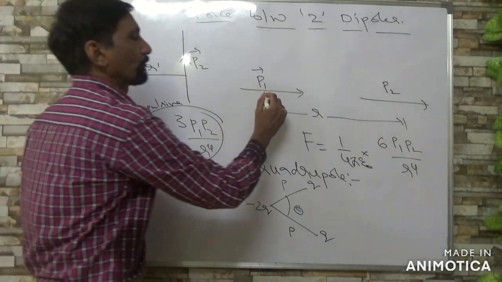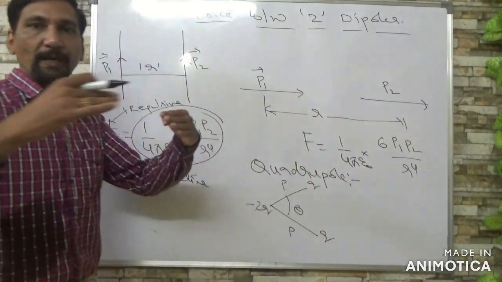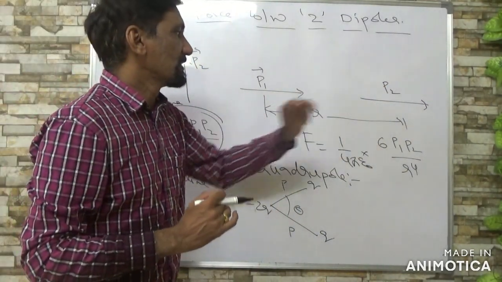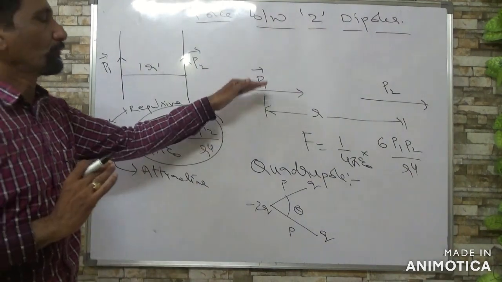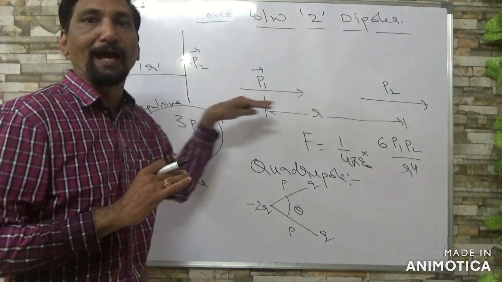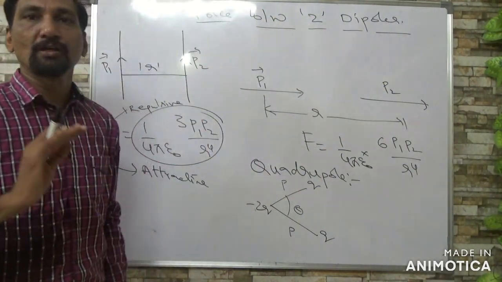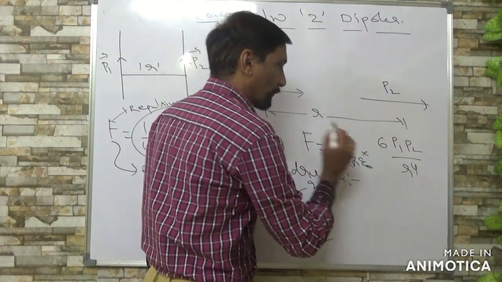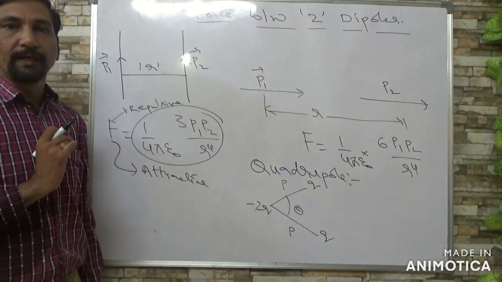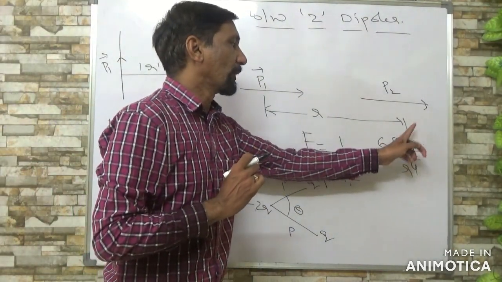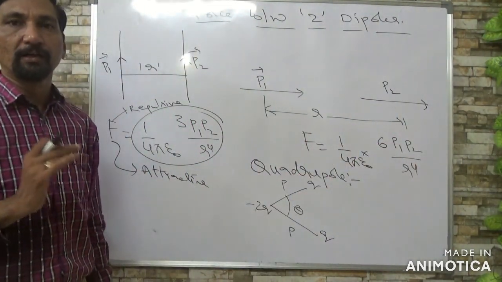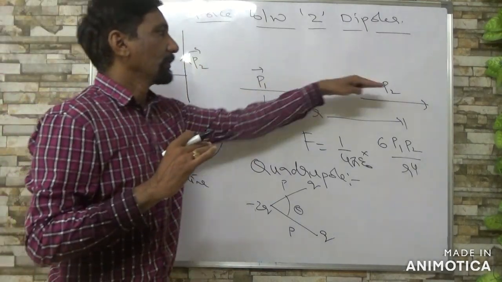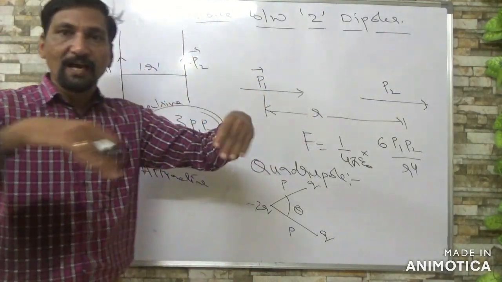Okay, now suppose two dipoles are taken side by side separated by some distance r. So if two dipoles are taken on the axis with separation r, then you know force is given by 1 by 4 pi epsilon naught, right, into 6 P1 P2 by r power 4, because over here you are calculating strengths on axial, no?